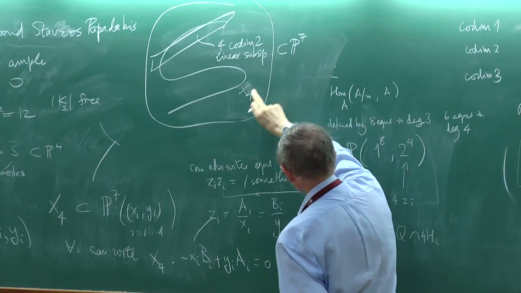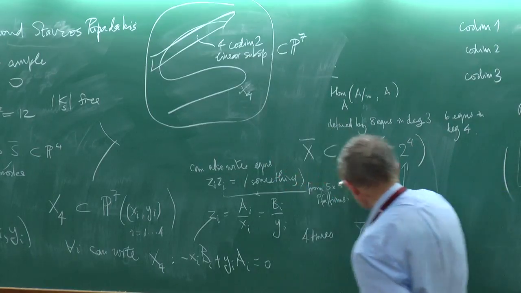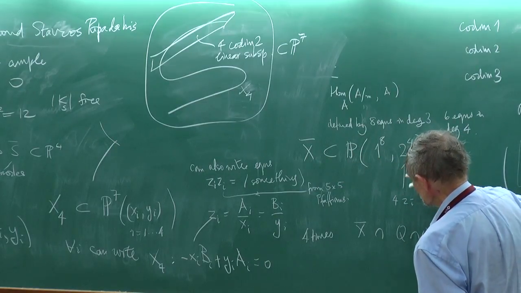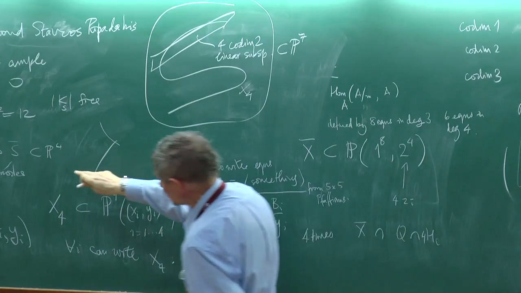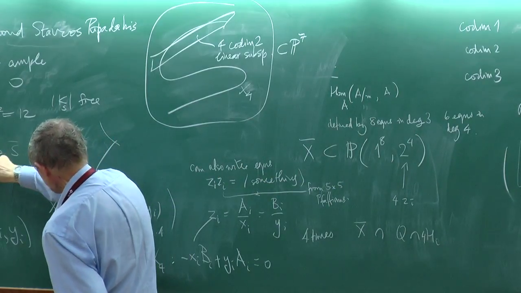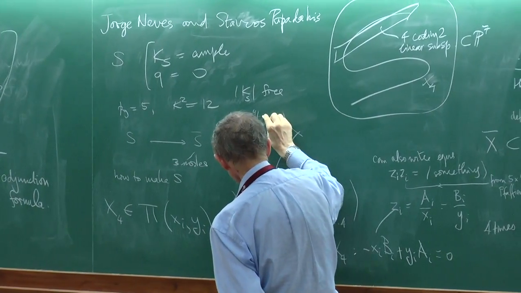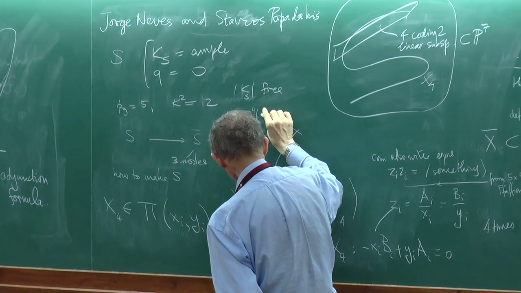I had an x. This is 6-dimensional, so 6-dimensional sitting in here. He's codimension 5. I want to cut him down to this sitting inside P4 and codimension 2.